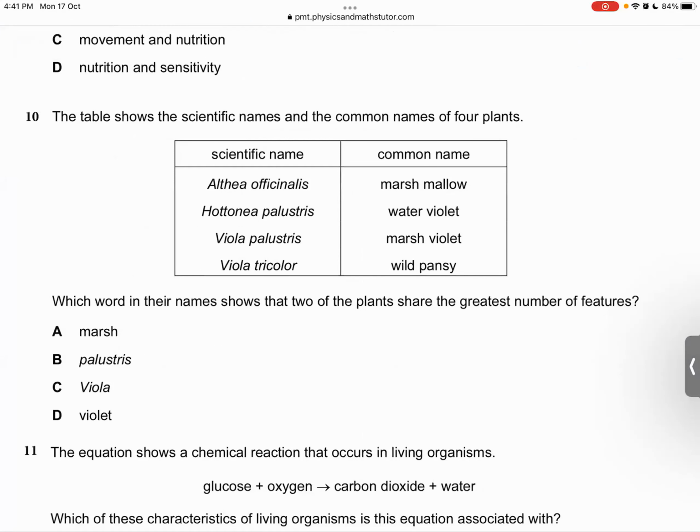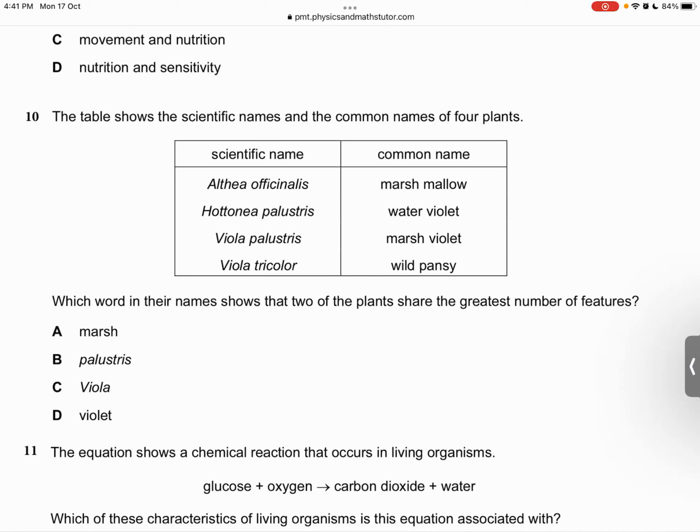Number 10. The table shows scientific names and the common names of 4 plants. Miss, I'm not sure of this. I don't really get it.